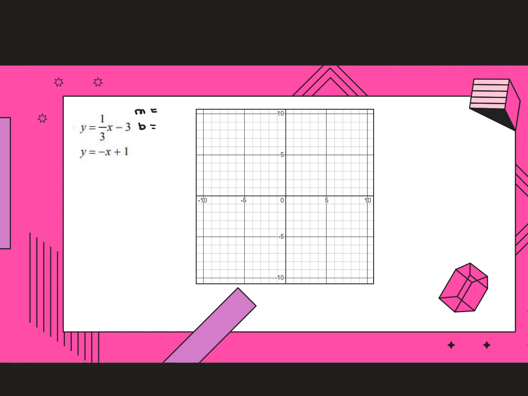So looking at my first equation, my slope is 1/3, and my y-intercept is -3. So I'm going to start at -3 on my y-axis, go up 1, right 3 because my slope is positive, so my line is going to increase, and to finish off, down 1 to the left 3.